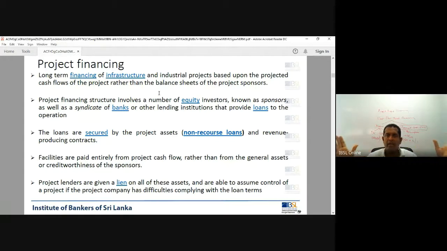So there would be the project sponsors, equity investors. Like any project, we will be funded by equity and term loans. So the investors will give the equity part, banks will give the term loan. Hope you can remember.